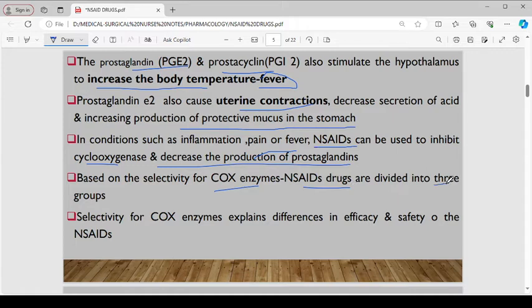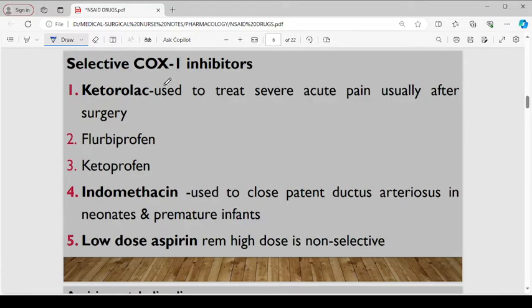Remember, selectivity for the COX enzymes will help us explain the efficacy, safety, and even side effects associated with these drugs. The three groups are the selective COX-1 inhibitors, then the non-selective, and lastly the COX-2 inhibitors.